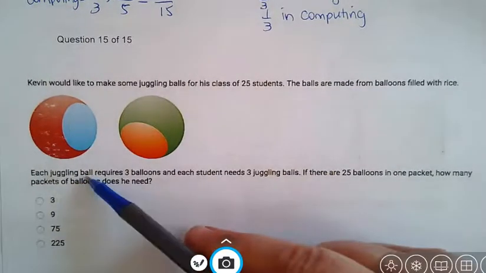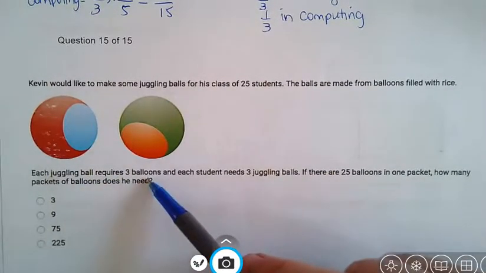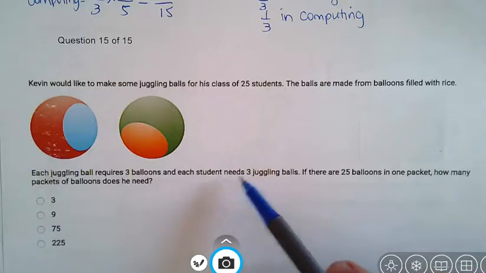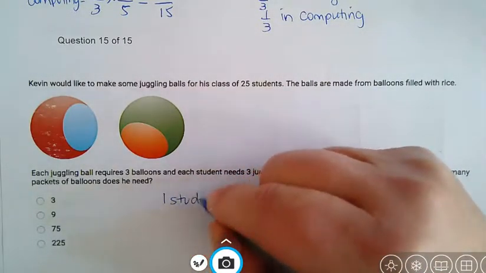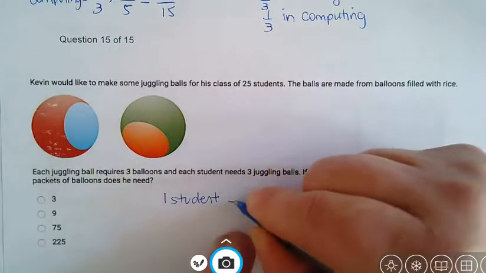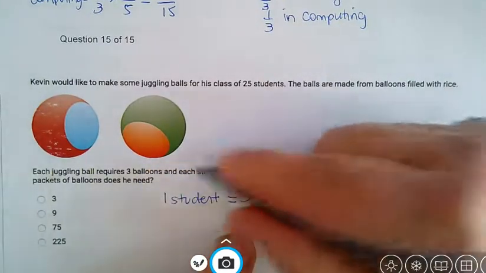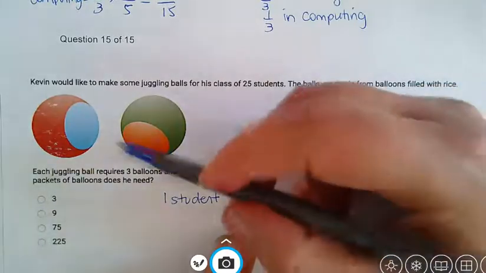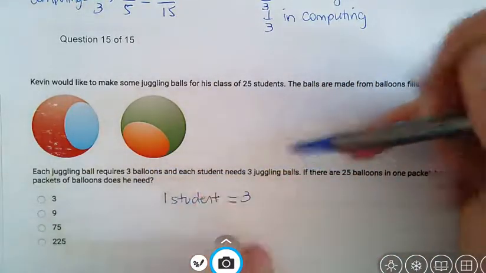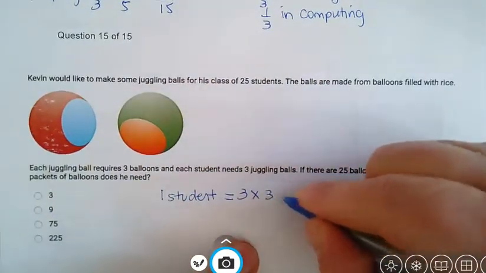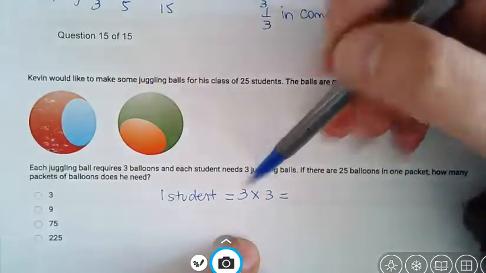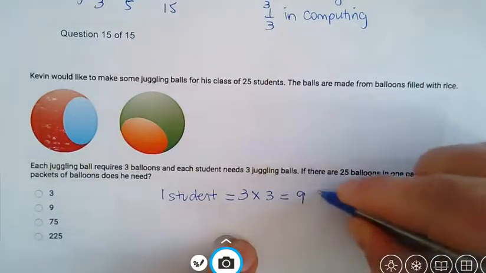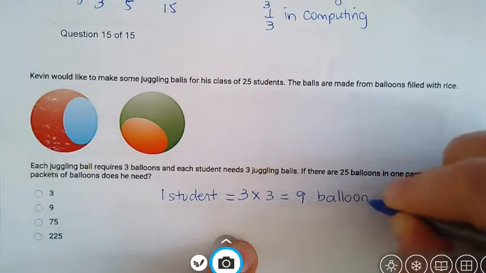Now, each juggling ball needs 3 balloons, and each student needs 3 juggling balls. So let's just see what each student needs. Each juggling ball is 3 balloons, and we need 3 juggling balls. So 3 times 3, one student needs 9 balloons.